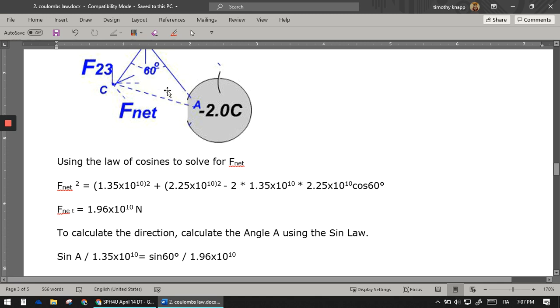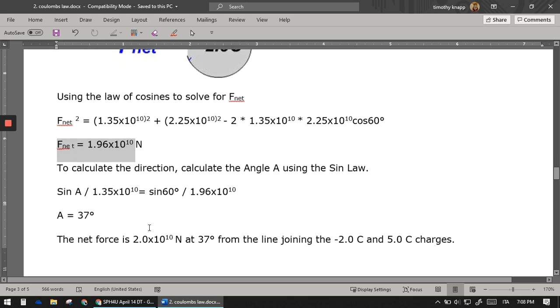They're going to call that angle A. So sine of A divided by its opposite side, which is force 23 here, should equal the sine of 60, which is this angle, divided by its opposite side. And that's the answer that we got from the previous cosine law.